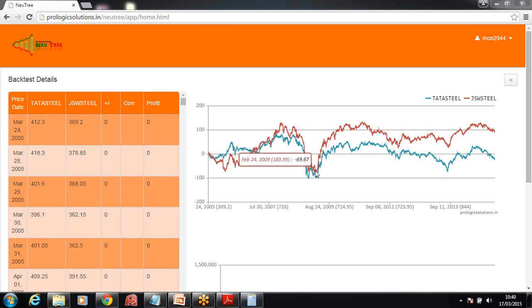So I think you can follow this here. You can see that JSW Steel has outperformed Tata Steel at this point of time. Again, you can see the correlation here. They are in tandem and then they diverge. This is where we get the trades.